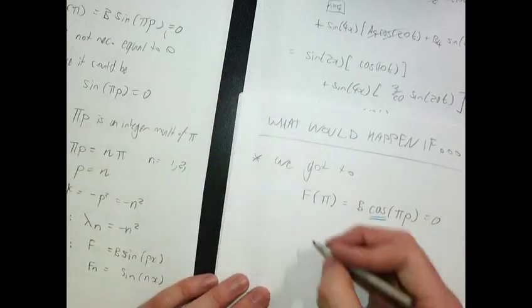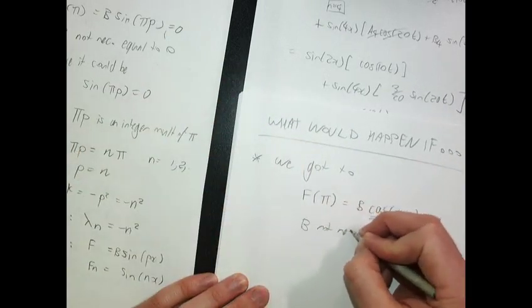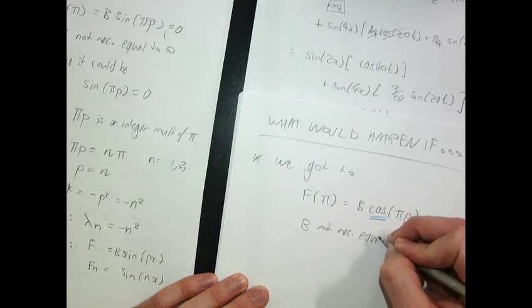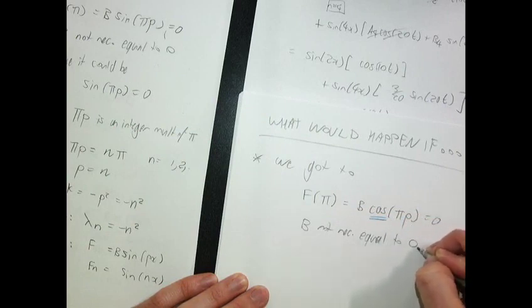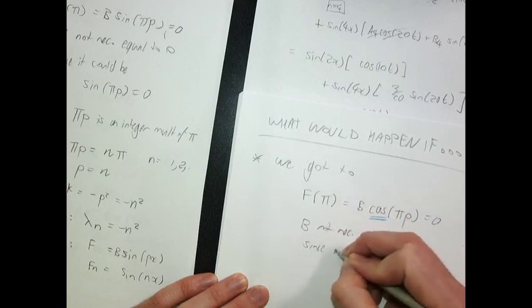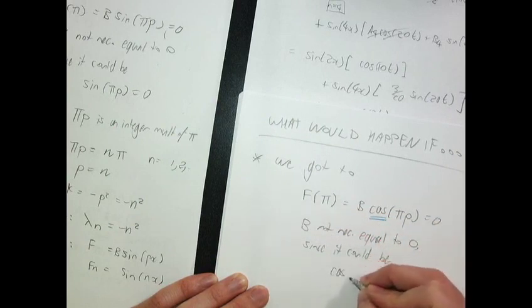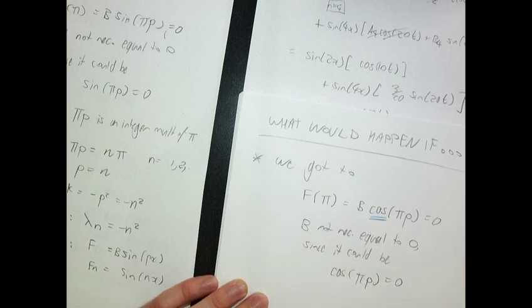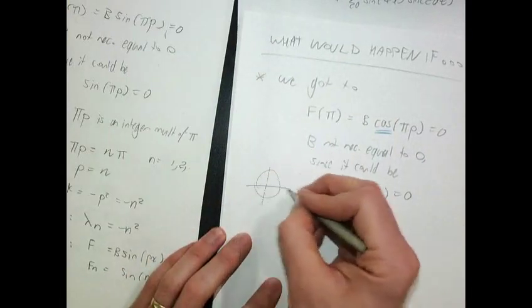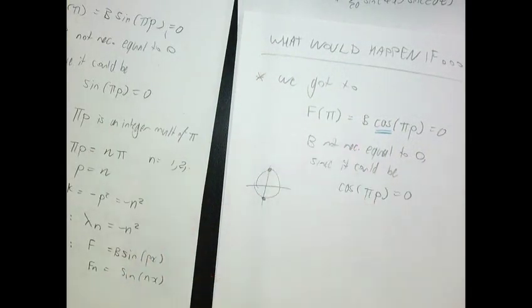Well, then we would have gone, well, b is not necessarily equal to 0, since it could be that cos of pi p equals 0. And then we go, just a second, cos is 0 here.